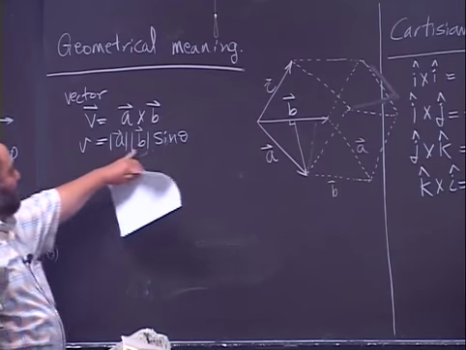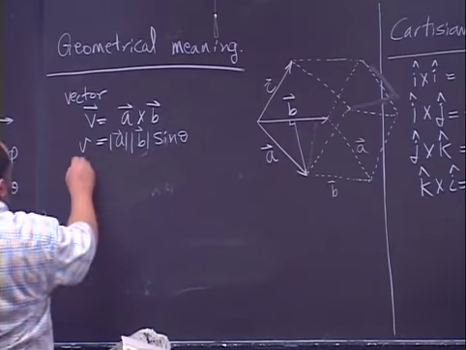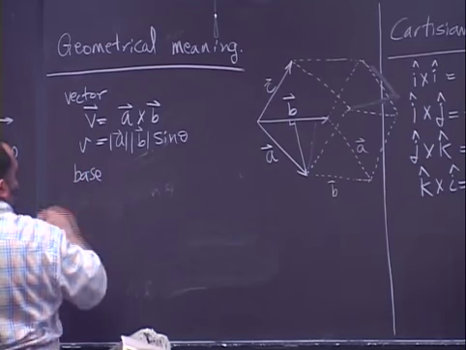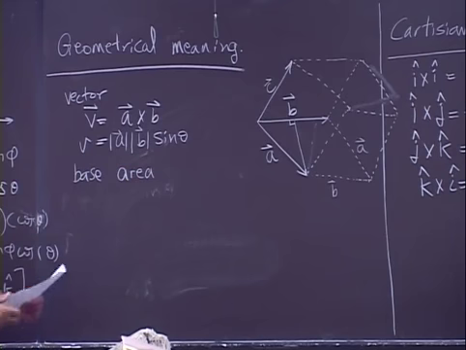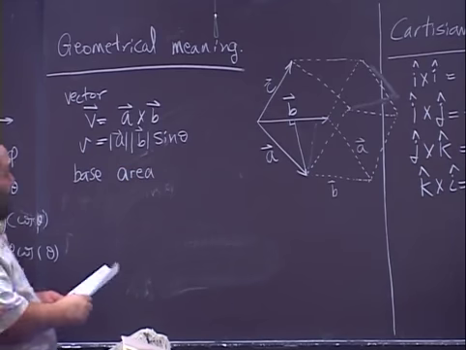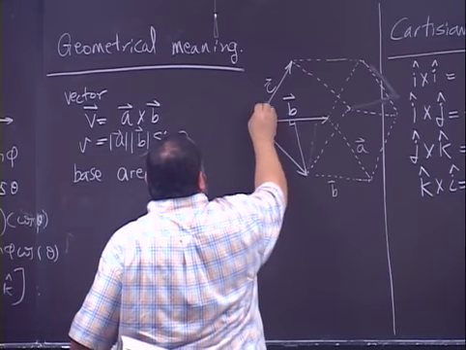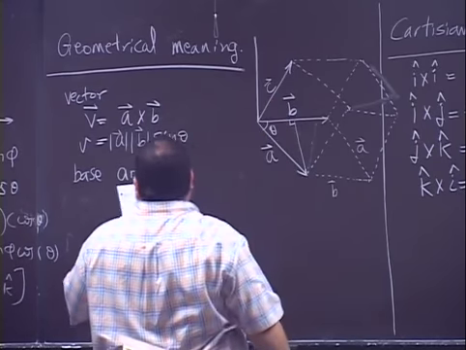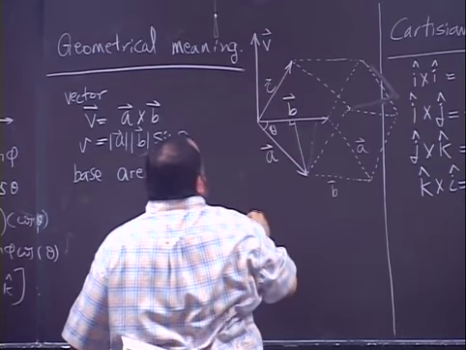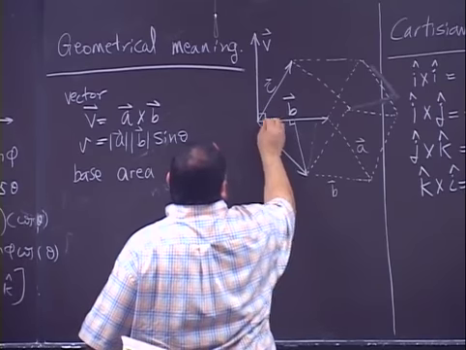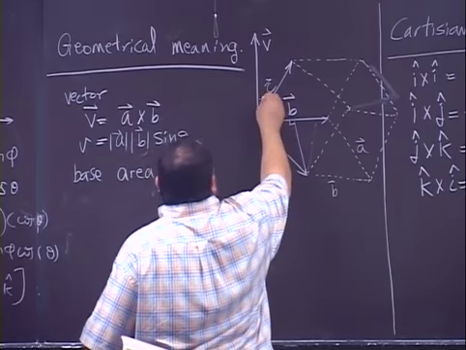And what's AB sine theta? It is the base area. Do you agree? It's the base area. Now, so this is theta. Let's assume that this is the perpendicular direction here. This is vector V, so this is perpendicular to A and B. And there is another angle here, which is phi.